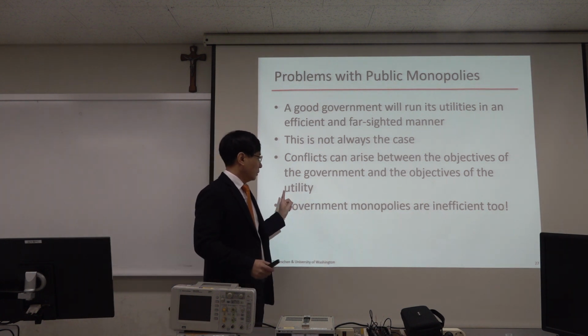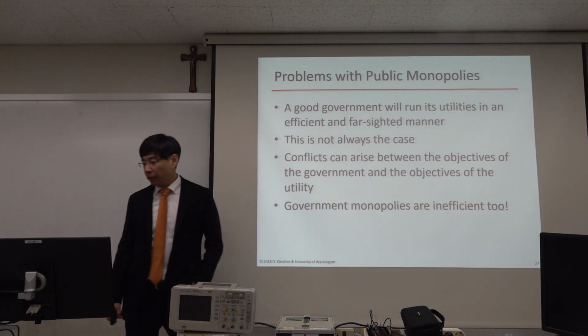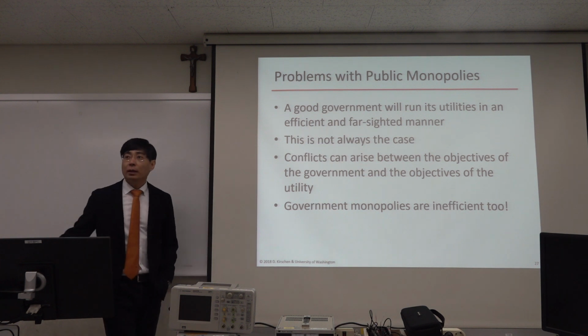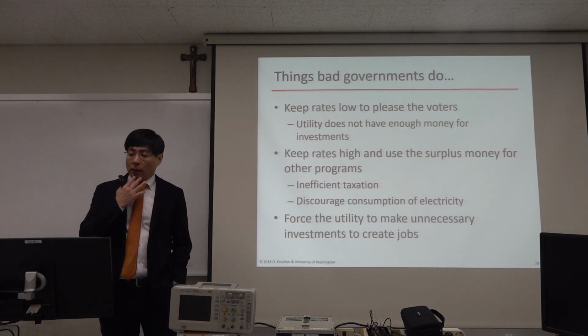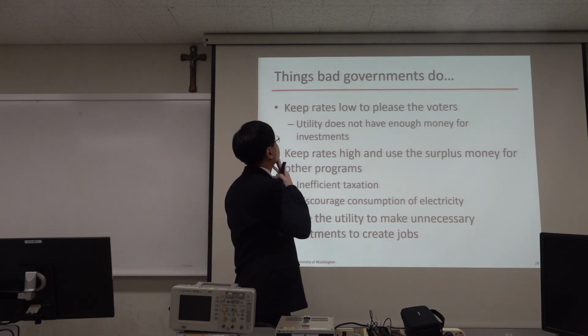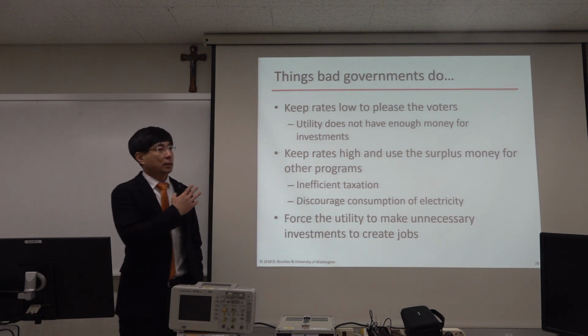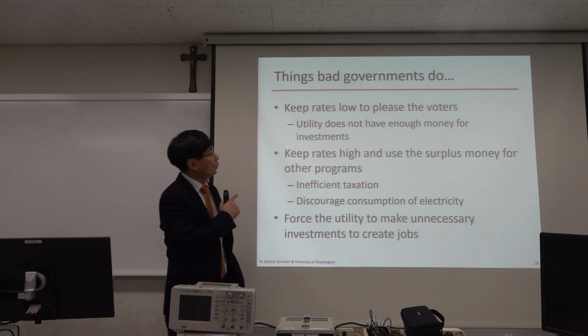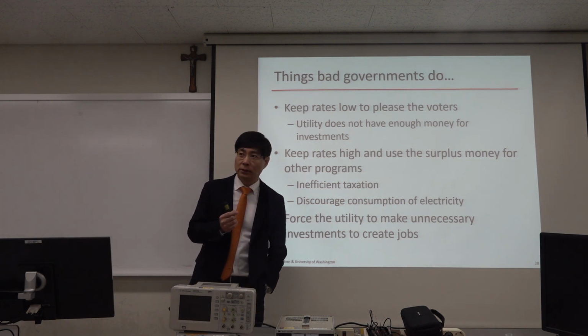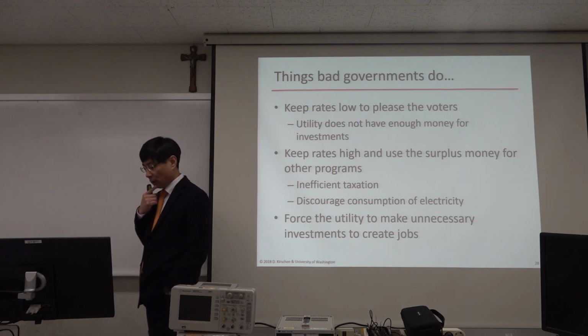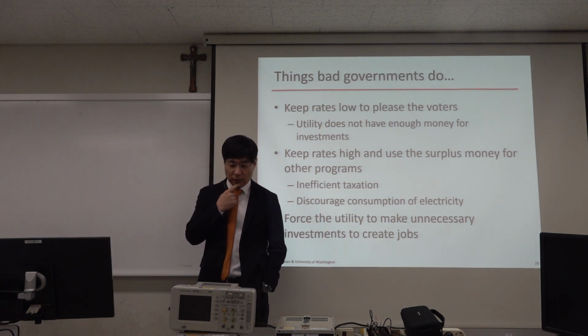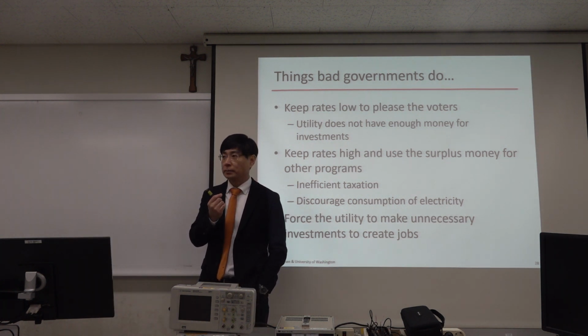Okay, so government monopolies can be inefficient too. And let's see the examples. What are the things that governments can do? The first one is keep rates low to please voters. These kinds of things are called populism.